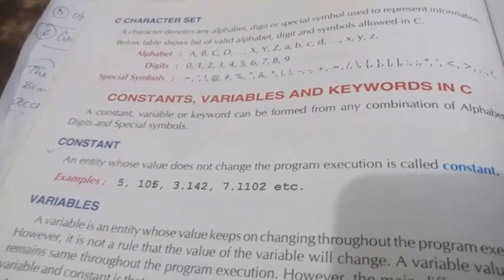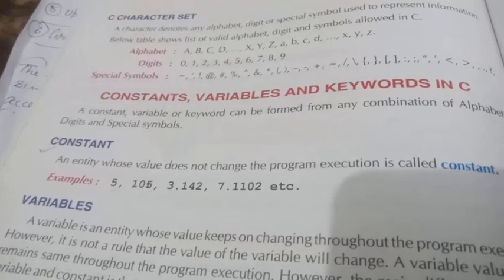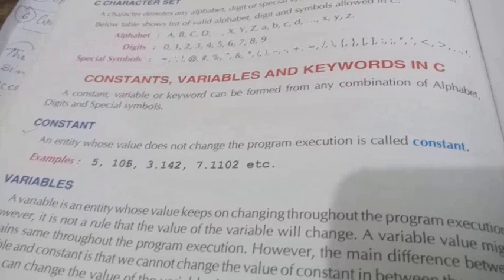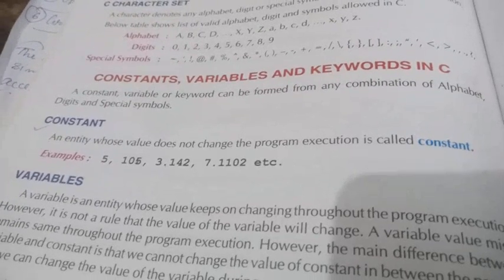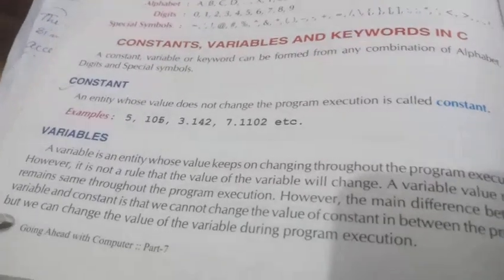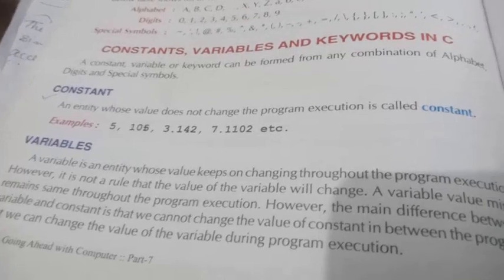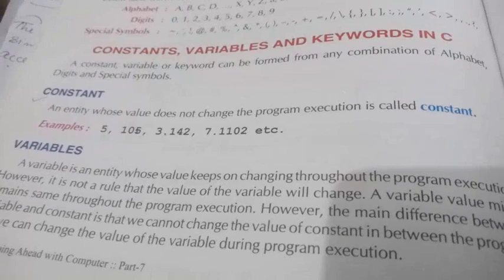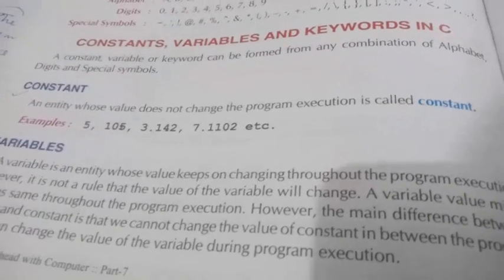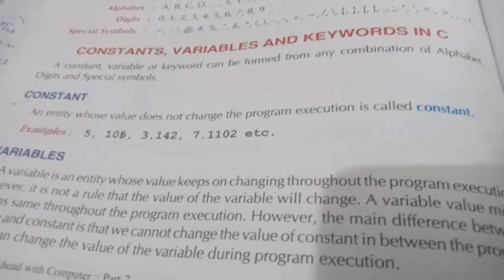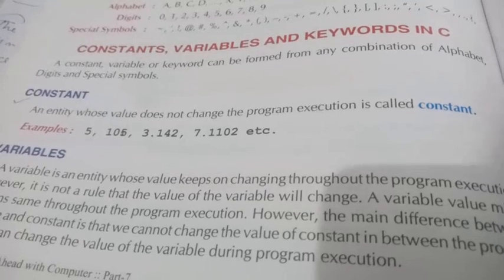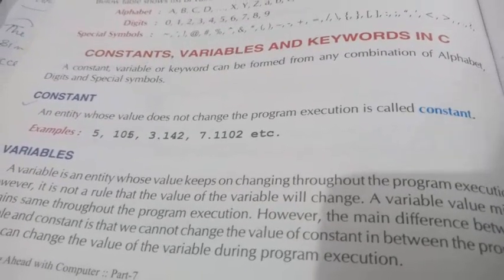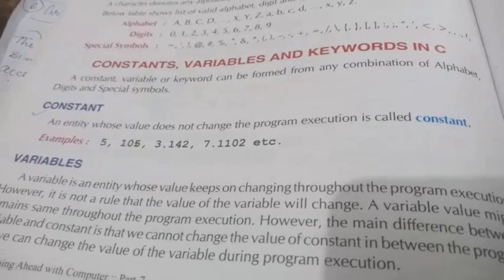A constant, variable, or keyword can be formed from any combination of alphabets, digits, and special symbols. A constant is an entity whose value does not change during program execution. Examples are 5, 105, 3.142, 7.1102. So these are the constants.